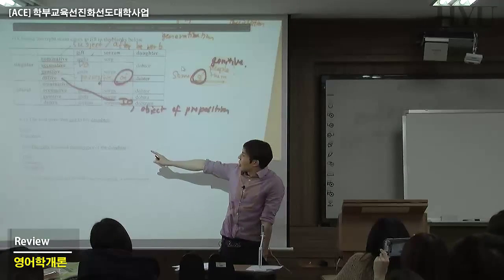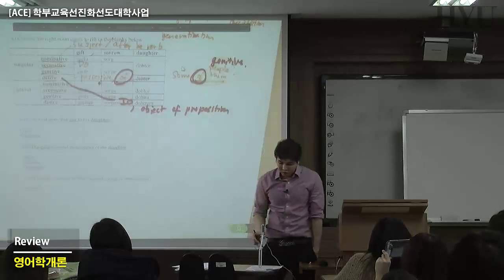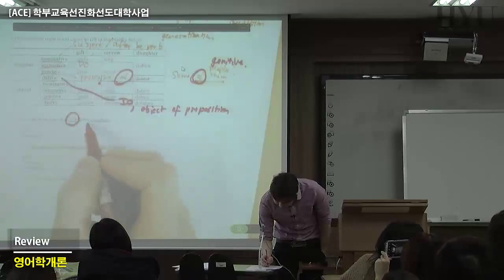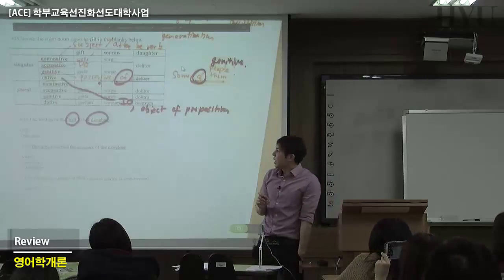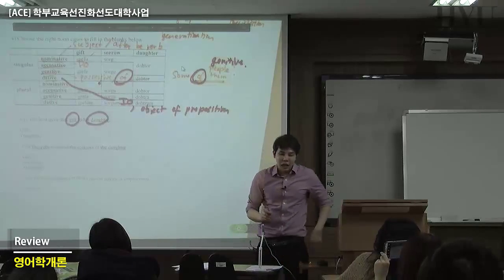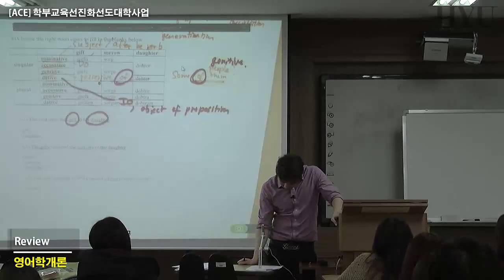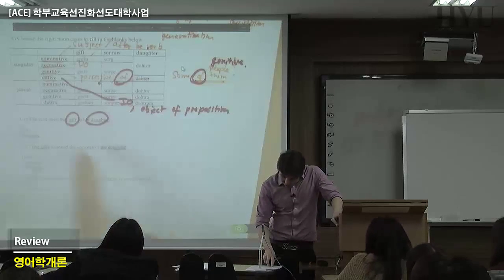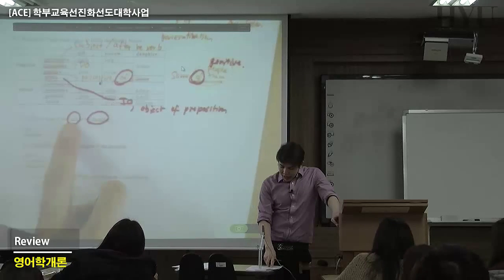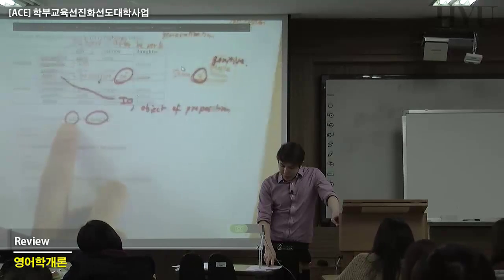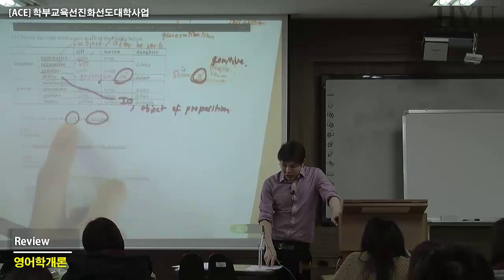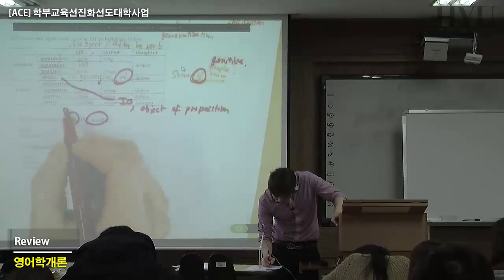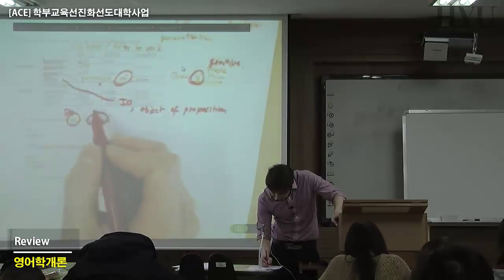So if I have 'The Lord gave that gift to his daughter,' what case should gift be in and daughter be in? Gift here functions as the DO, direct object, right? Whereas to his daughter is the indirect object.